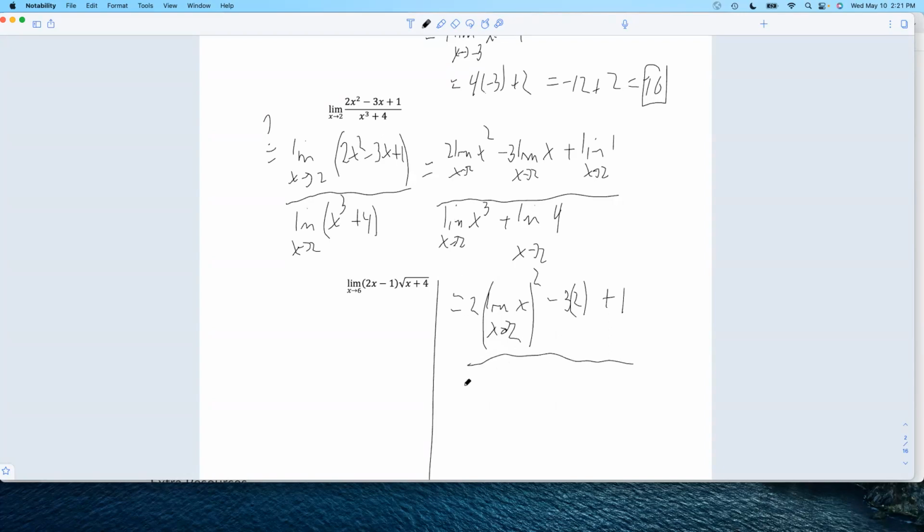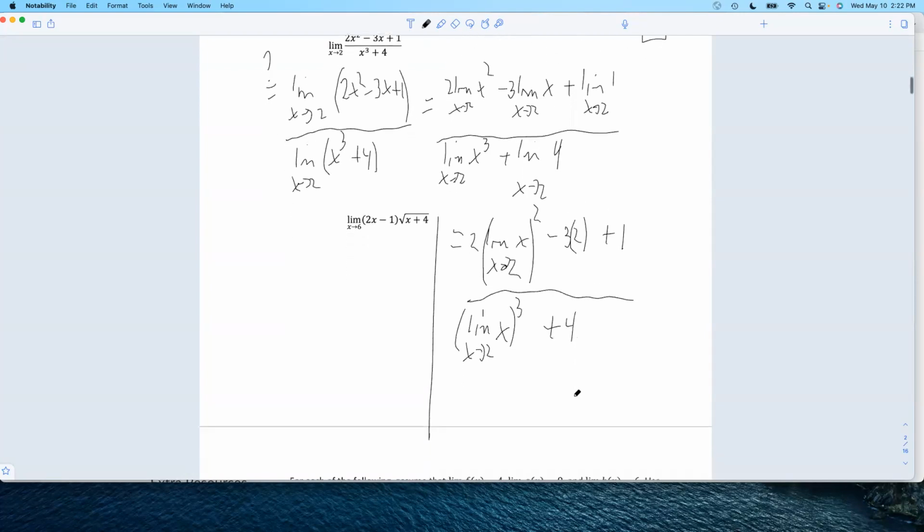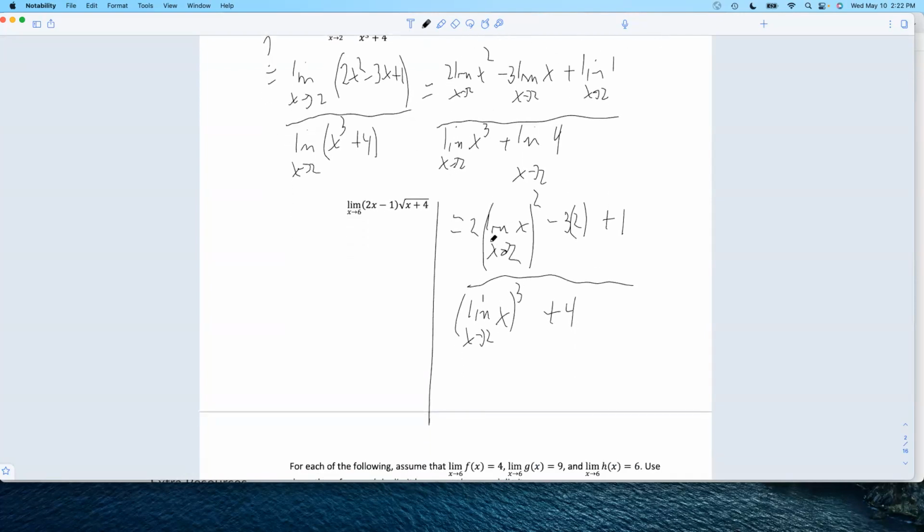Same game here. I can bring the limit inside the cube. I can swap the order and say this will be the limit as x goes to 2 of x cubed. And then here we have a constant. The limit of a constant is just that number. Okay. In here, the limit as x approaches 2 of x is 2.